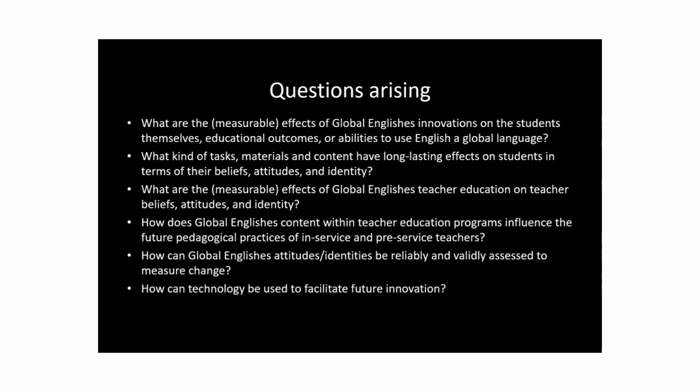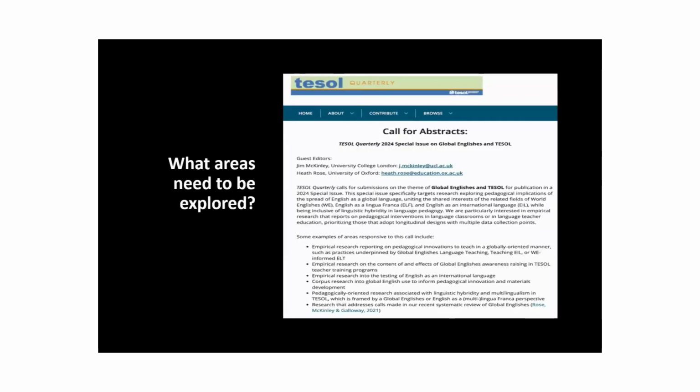And another one by Lee in Korea, which was validated, is called the EIL perception scale, which I think is quite a good measure of students' attitudes towards constructs like standard language, their resistance to or openness to variation in English, and their attitudes towards multilingualism.